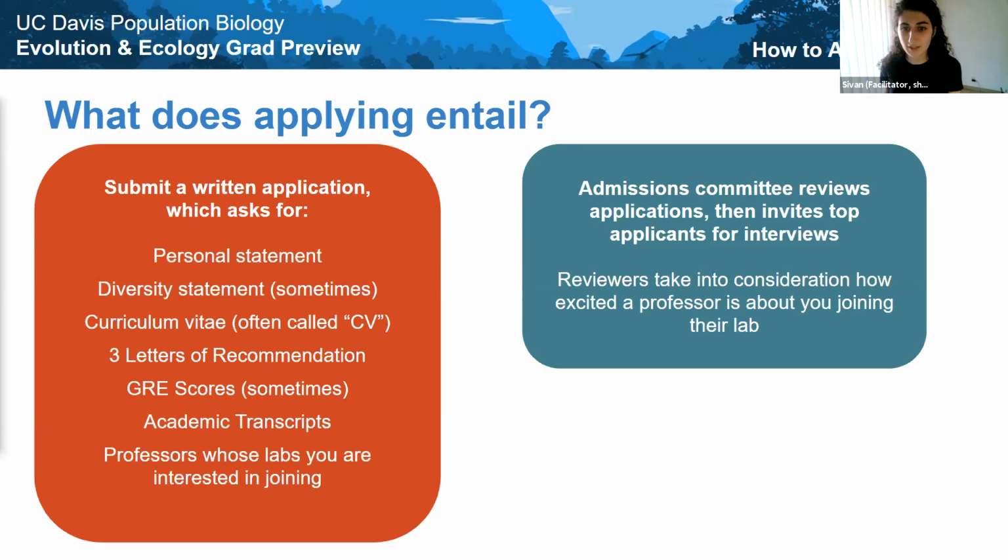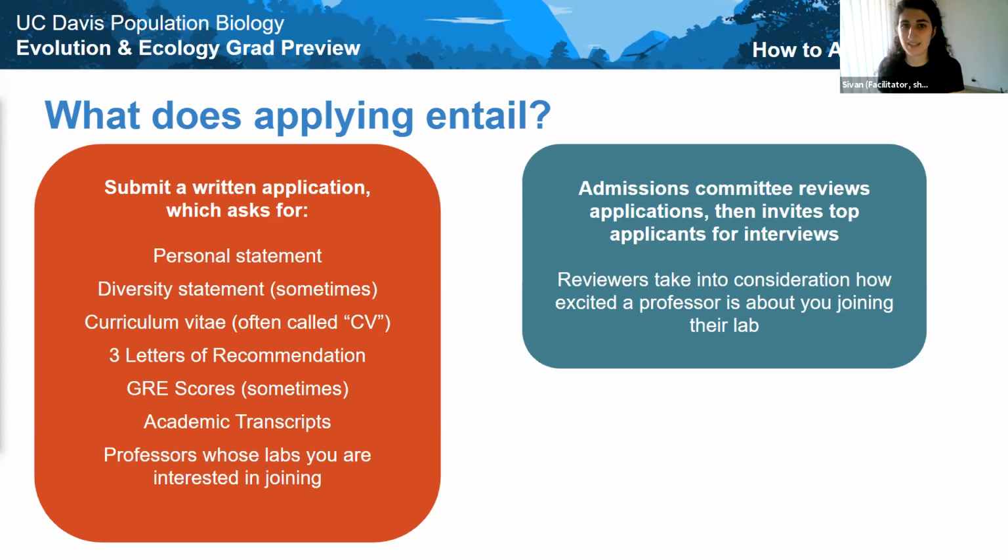And when they're evaluating applications, they're taking into account how excited a professor is about you joining their lab. And by that, we mean that a professor is telling the admissions committee that they would like you to be invited to interview. Applicants are almost never invited to interview if that does not happen. And those professors are most likely not really looking through those applications to find students.